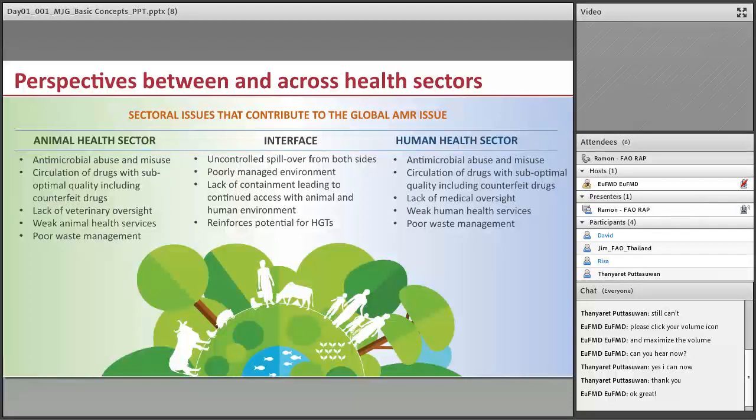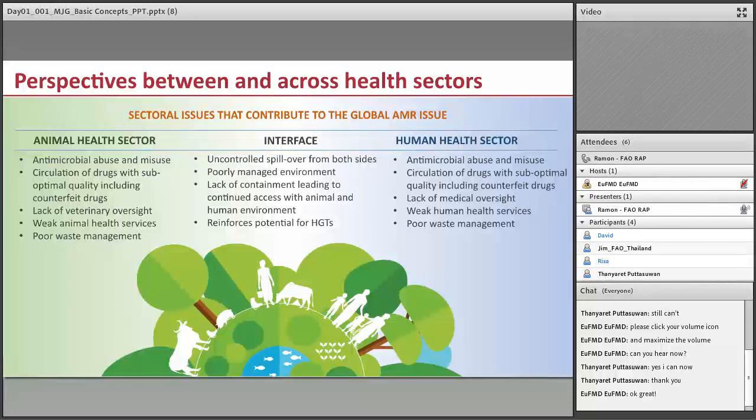Suboptimal quality of drugs will be very important in addressing AMR. And then lack of veterinary oversight. You know how many veterinarians will be needed in your country or worldwide, and we are in short supply of veterinarians, much more so, quality supply of veterinarians. And sometimes, because it's not cost effective to maintain a vet, farmers just decide their treatment, and we all know that.